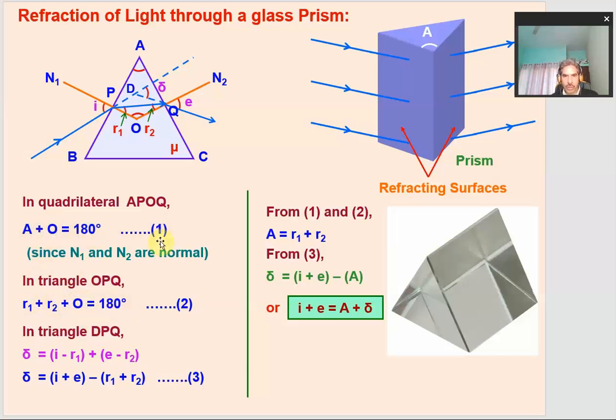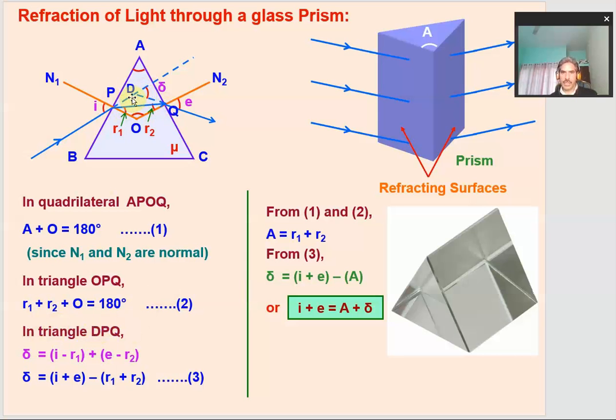So from 1 and 2, angle A is equal to angle R1 plus angle R2. And also in the triangle DPQ, where D is the point of deviation, angle delta is the exterior angle.